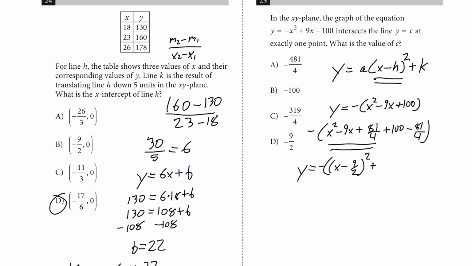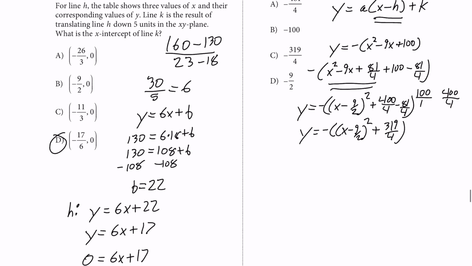And we can take 100 as 400 over 4, because it's 100 over 1, and multiplying by 4 over 4 we get 400 over 4. So plus 400 over 4 minus 81 over 4. We get y equals negative x minus 9 over 2 squared plus, that becomes 319 over 4.